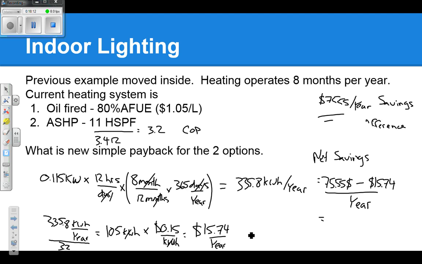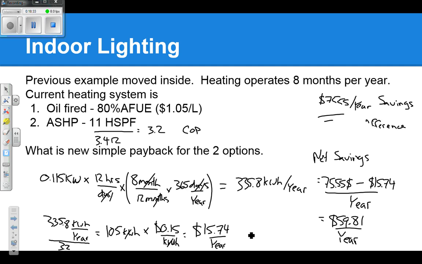So we got 75.55 minus 15.74 is $59.81 per year. And so that's savings, $59 a year.